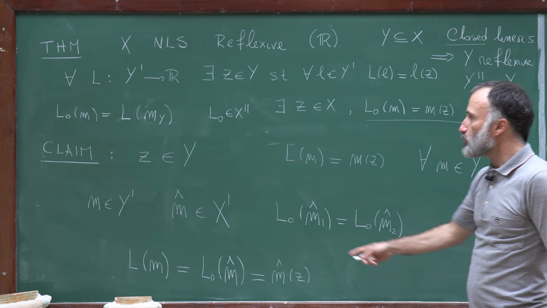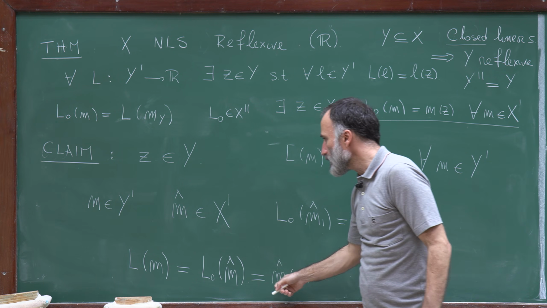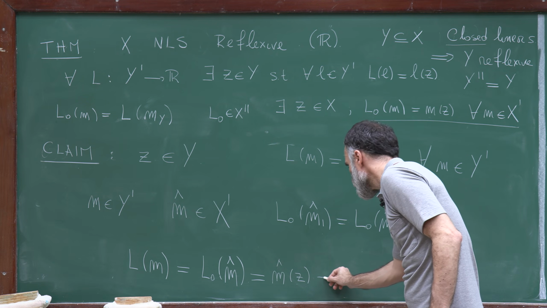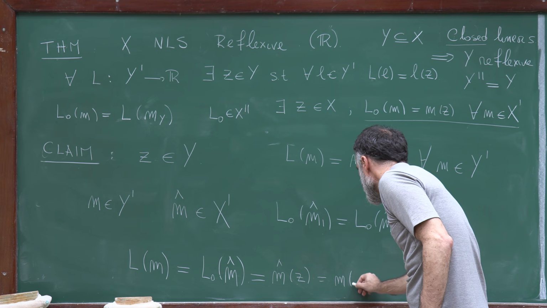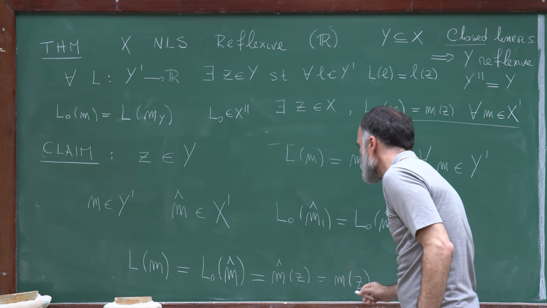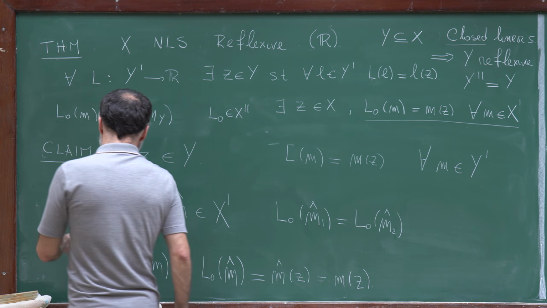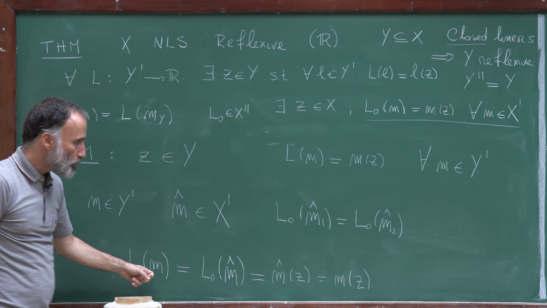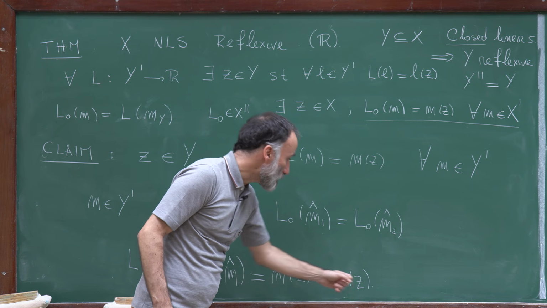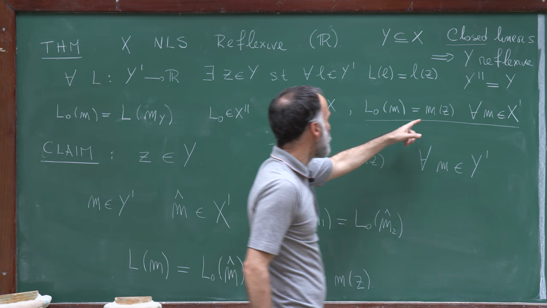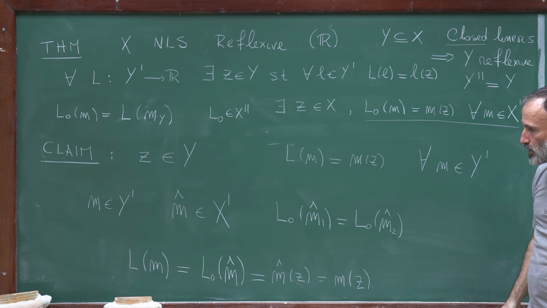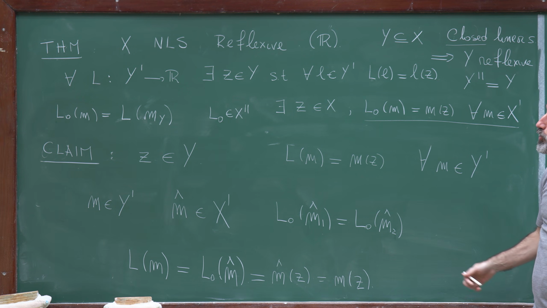But z is a point in Y, and M hat is an extension of M, so they coincide at Y, so this is equal to M z. And this proves that, indeed, whatever M in Y prime, L of M is equal to M of z, where z is this point which was obtained from the fact that X is reflexive, and that completes the proof of this theorem.